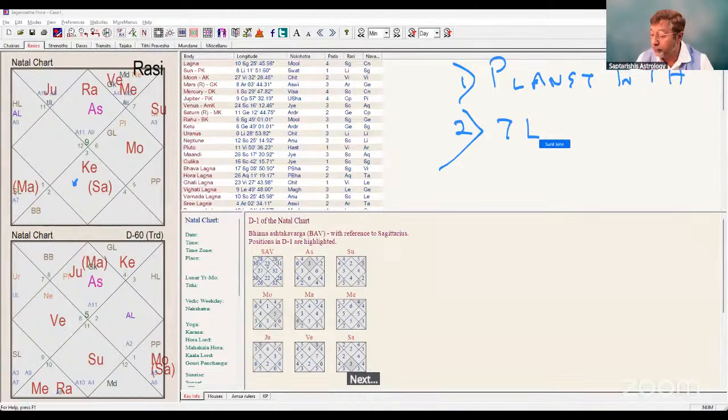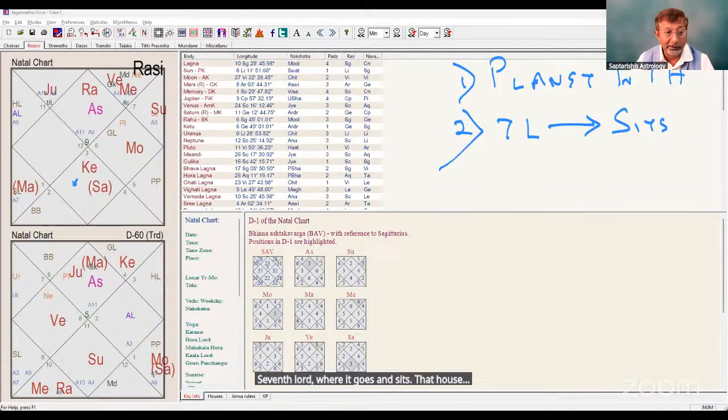Next, the seventh lord, where it goes and sits, that house from all the three lagnas will determine your marriage life. How will you say it? Write this down. Whenever the seventh lord is in the 12th house, pay extra attention to bed pleasures.